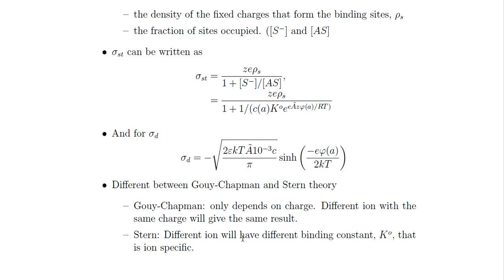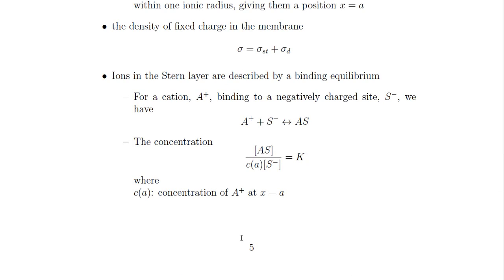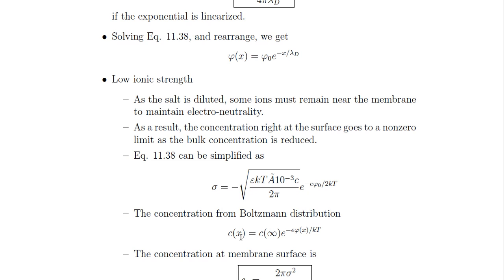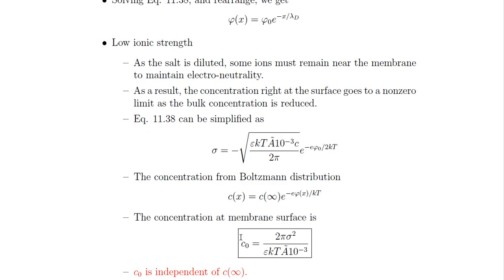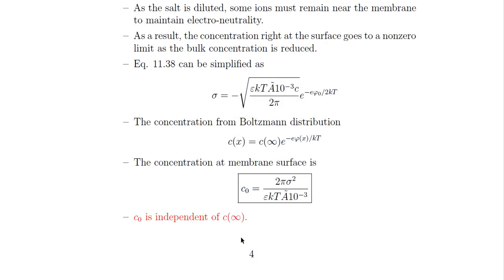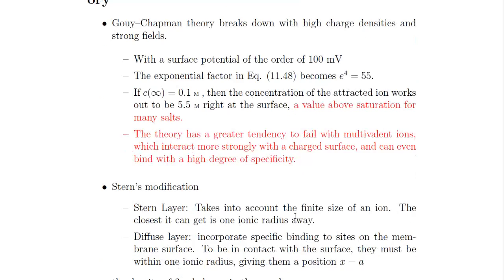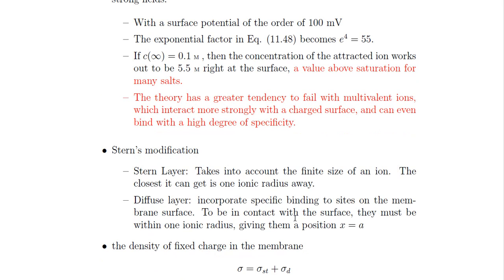So what we want to say here is that in our membrane there are binding sites, so the ion can bind to those sites. So how many ions can bind to those sites, for a certain amount of time, for the surface charge density.